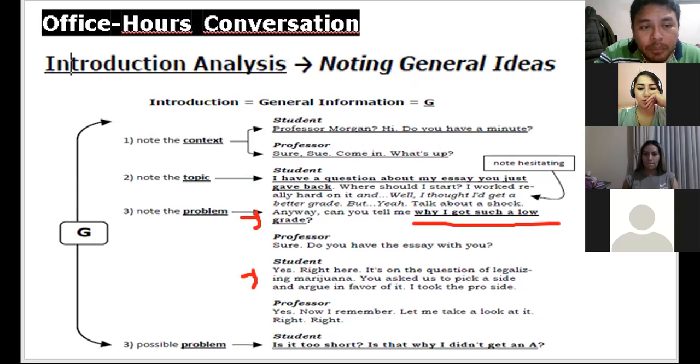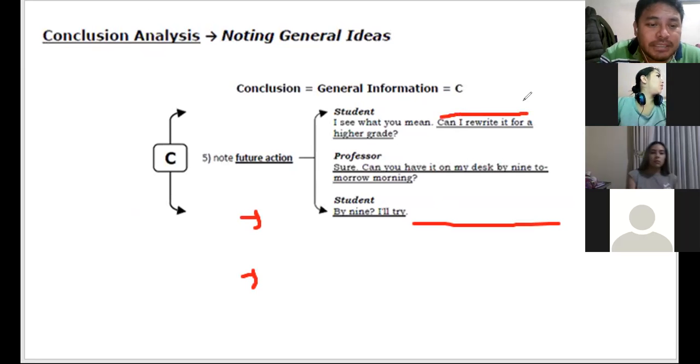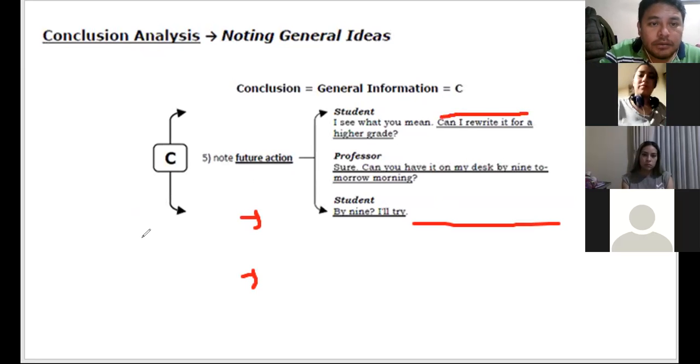But the main purpose, why she really goes to the professor, is to deliver the work later to get a higher score.